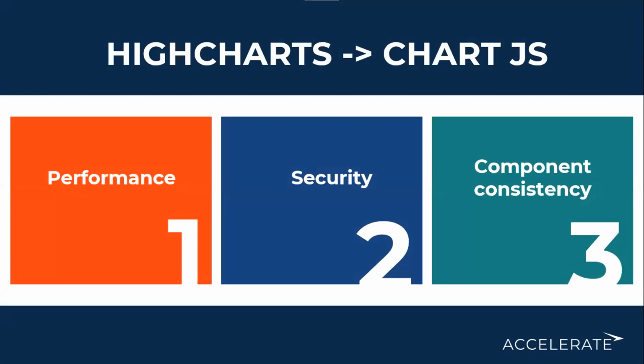And thirdly was component consistency. Prior to 7.16.1, the dashboards in the mobile Creatio application used chart.js, whereas desktop used the previous technology. By bringing the desktop version to chart.js, all of the dashboards now use the same technology. Therefore, whatever view you see on desktop is automatically shown on the mobile device as well.